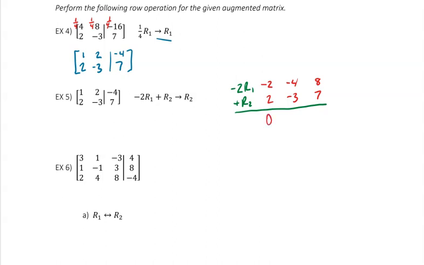So we got 0, -7, 15. And that is going to be replacing row 2. So we're going to rewrite our matrix. Row 1 stays exactly the same, not going to change it at all. But row 2 is our new one, so 0, -7, and 15. And then we're done.